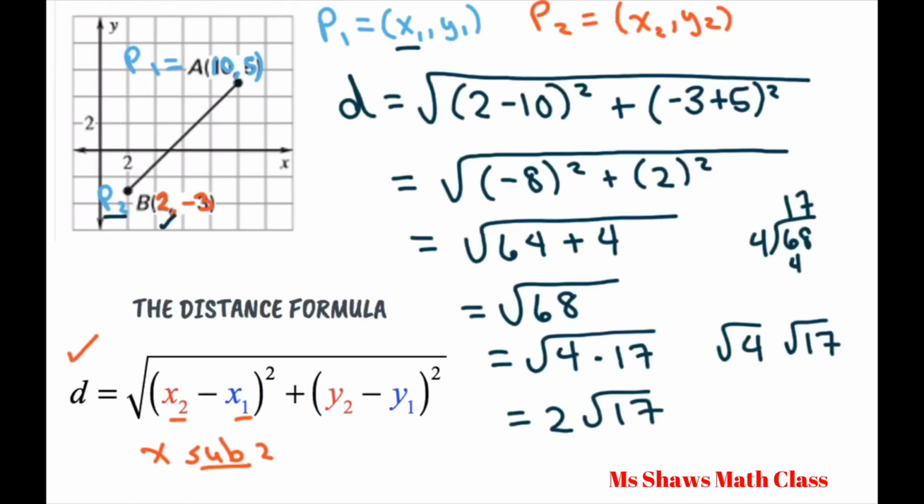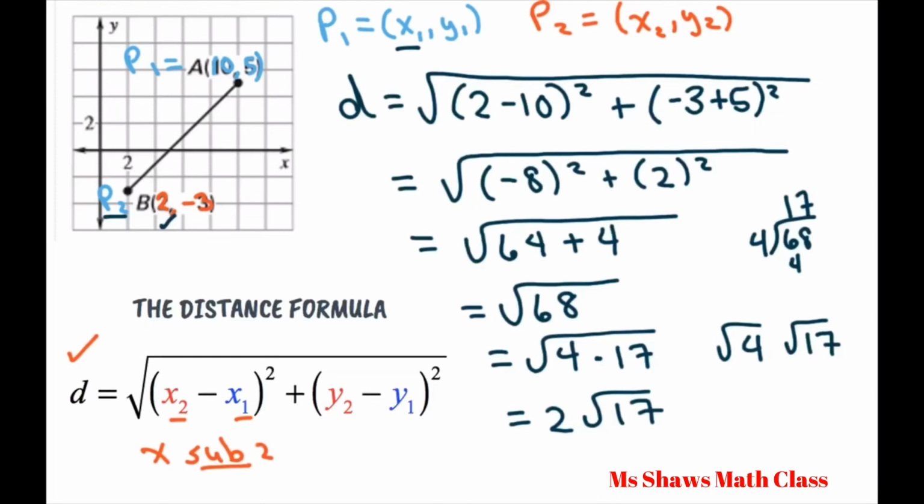I'm going to simplify that, and we get negative 8 squared. 2 negatives make a positive, so that's going to be negative 4 squared. All right, so this equals 64 plus 16, which equals 80. And you can simplify that as 16 times 5. You use your perfect squares, so that's the square root of 16 times the square root of 5. So that gives you 4 square root of 5.